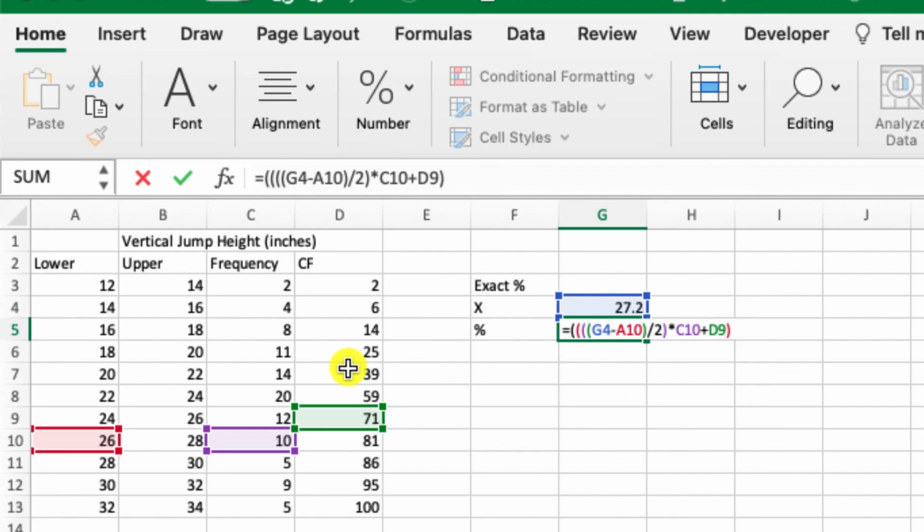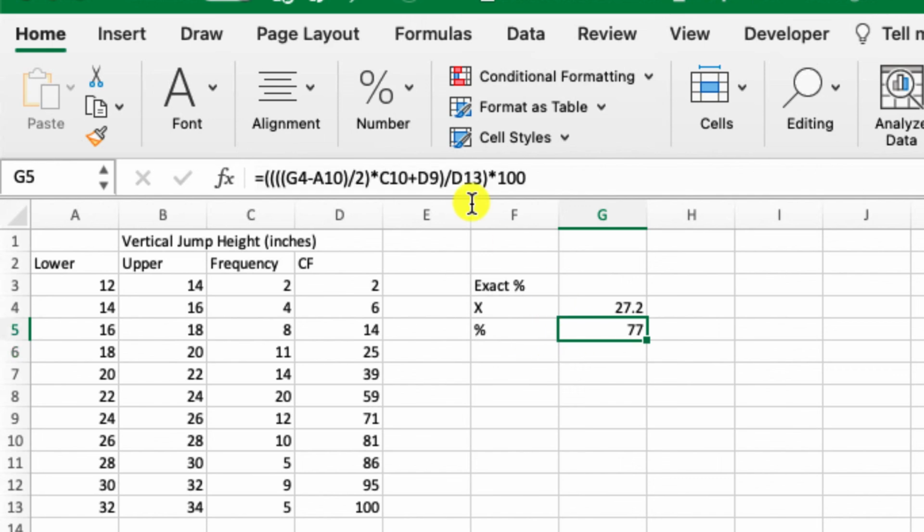We divide that numerator by the sample size, which is 100. And then we multiply that entire result by 100 to get a percentage.